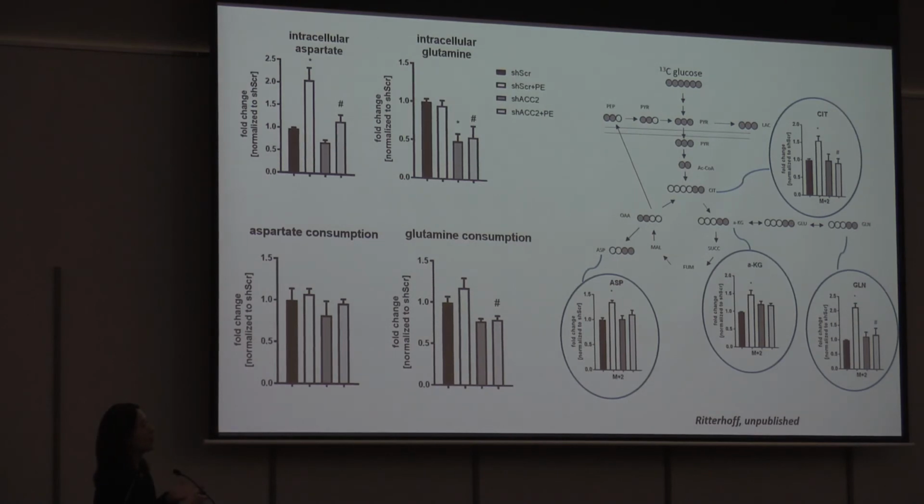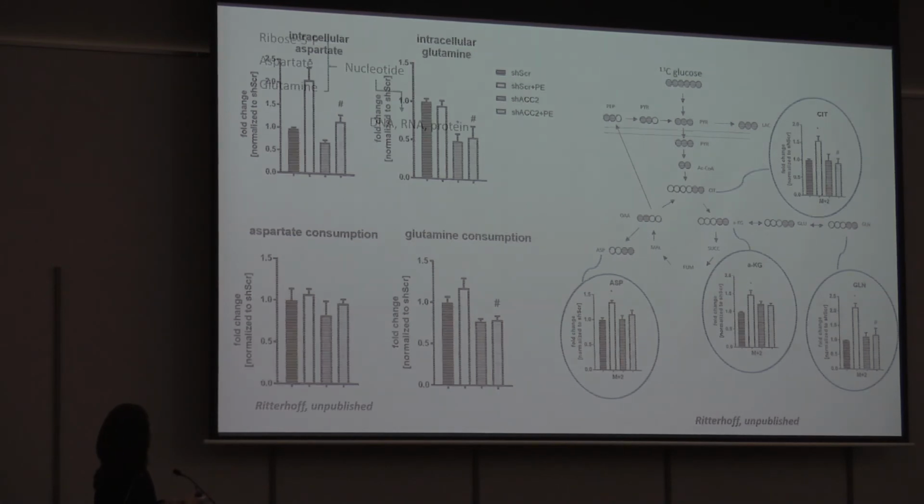But if we push more fatty acid into the TCA cycle, it could be burned down to CO2, but it will compete glucose out of the TCA cycle, and they will suppress those metabolites. That will lead to decreased aspartate level in the cell.